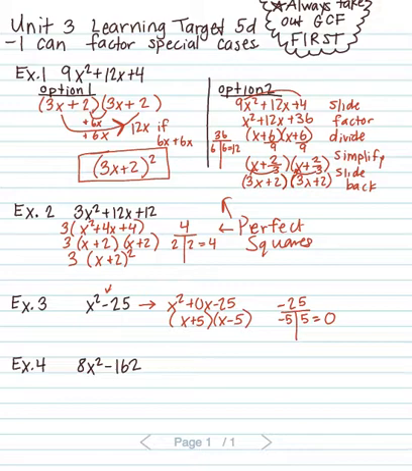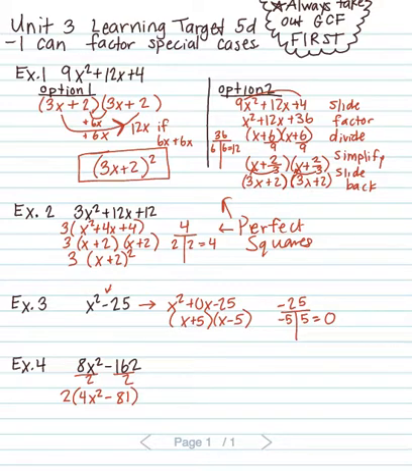8x squared minus 162. I'm seeing both of those could have a 2 taken out of them. So your 2 goes up front. 8 divided by 2 is 4. We didn't take out any x's, so x squared. 162 divided by 2 is 81. And now let's look back at example 3.